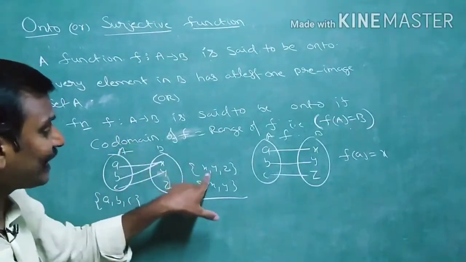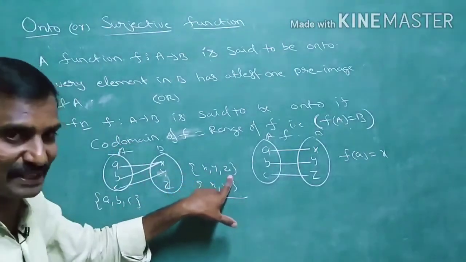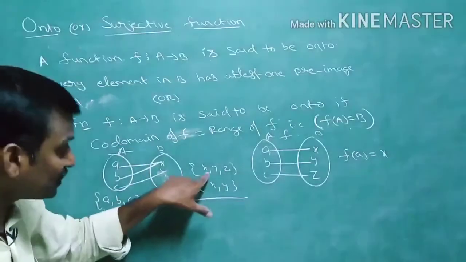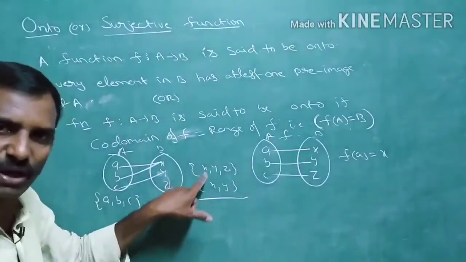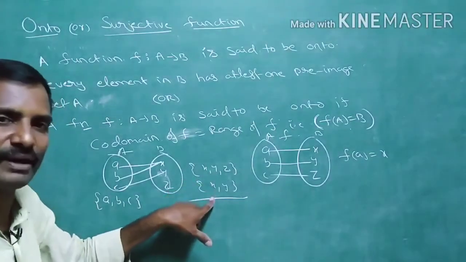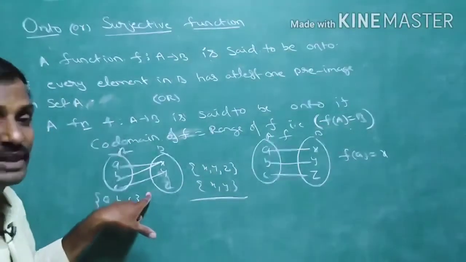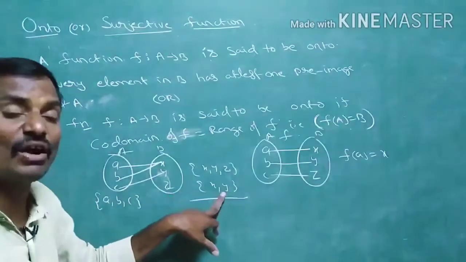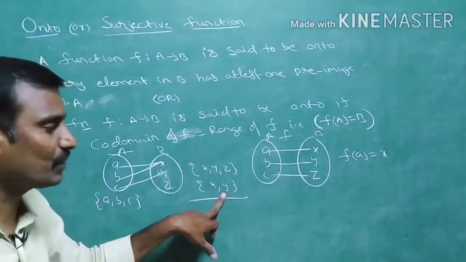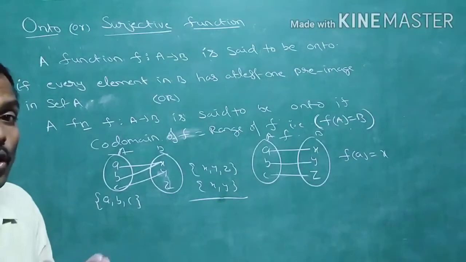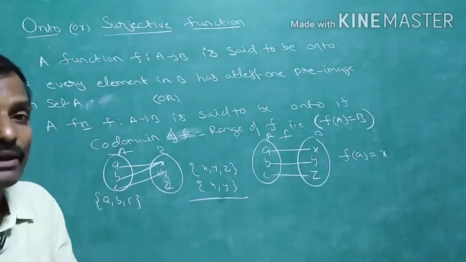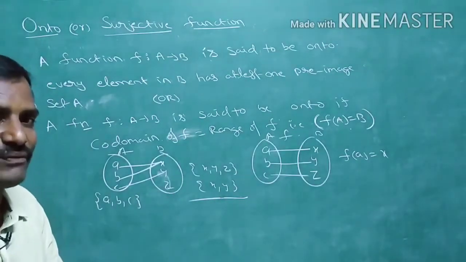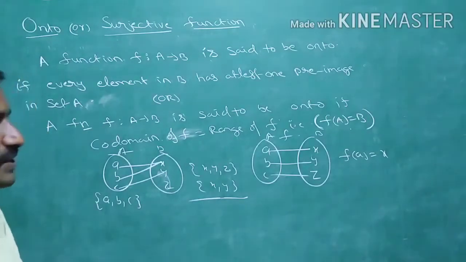Here, codomain is XYZ, range is XY. Are these two equal or not? These two sets are not equal. So it is not an onto function. If the codomain of f is not equal to the range of f, it is not an onto function.